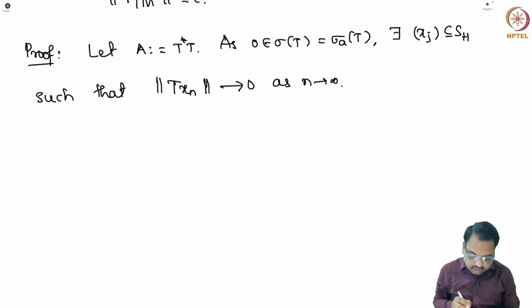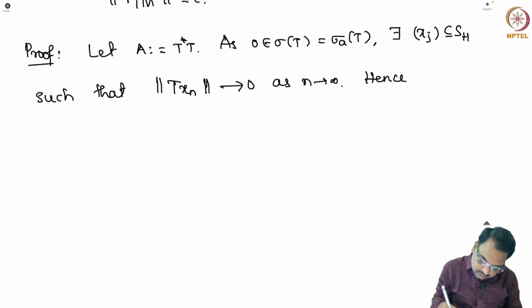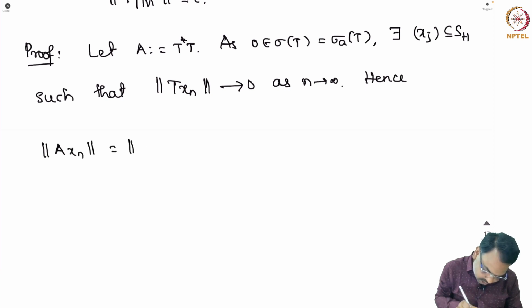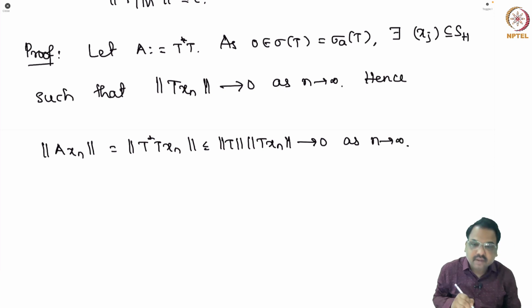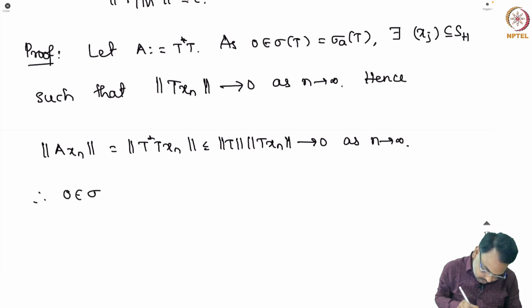So from this we can conclude that A x_n also converges to 0. Hence norm of A x_n, which is T star T x_n, is less than or equal to norm T star, which equals norm T, into norm T x_n, goes to 0 as n tends to infinity. That means 0 is in the approximate point spectrum of A. But A is self-adjoint, so that must be equal to the spectrum of A.